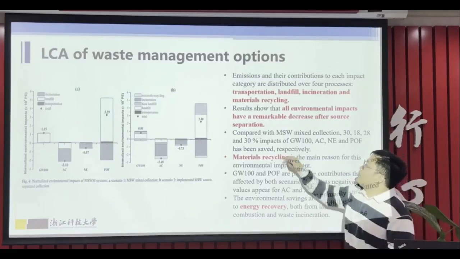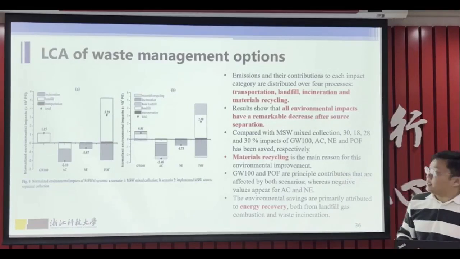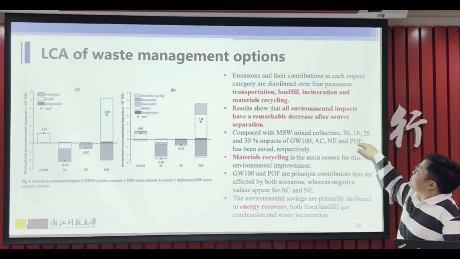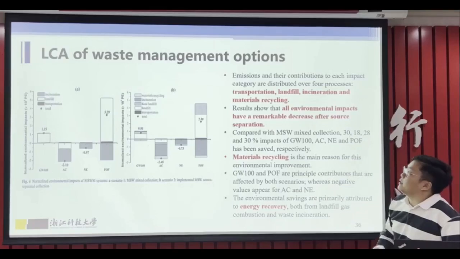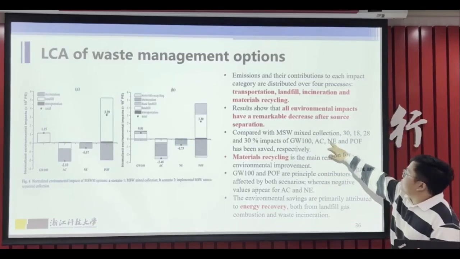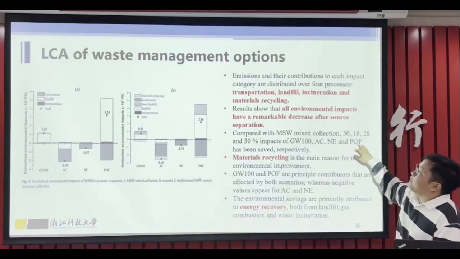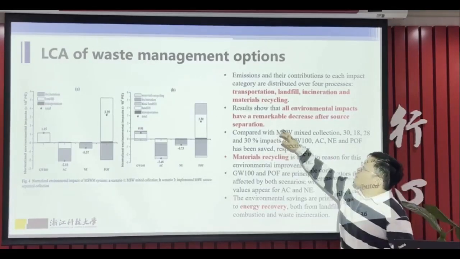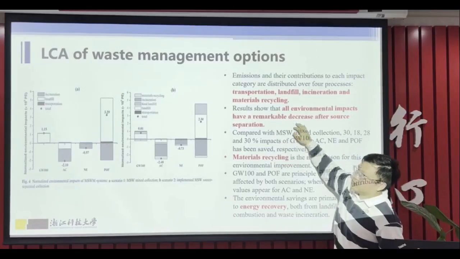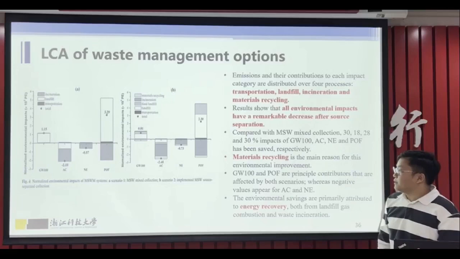And compared with MSW mixed collection, around 30%, 80%, 28%, and 30% of the impacts of global warming potential, acidification potential, nutrient enrichment potential, and POF have been saved. So we can see a remarkable decrease of all these different environmental categories.